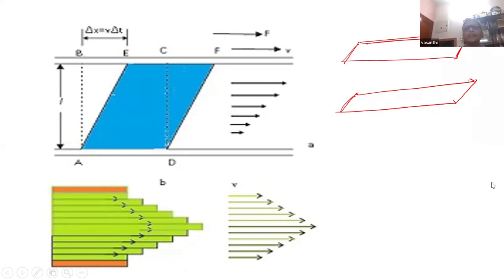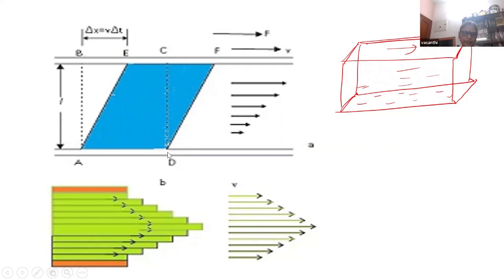The bottom is fixed here. This is an open tank, completely filled with water, and you take a slab and move the uppermost layer of the tank. That will have maximum velocity, isn't it? The layer close to the bottom of the tank is at rest, is it not?